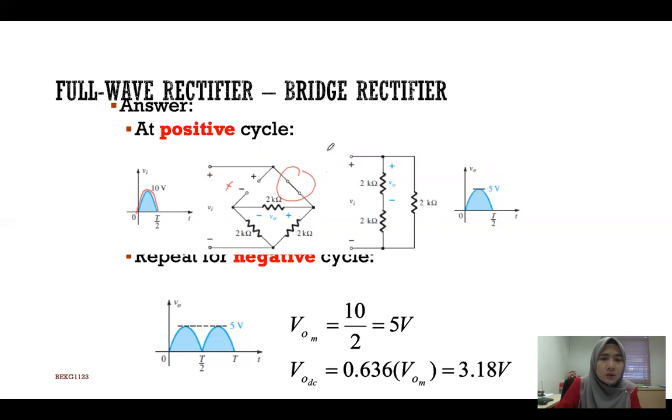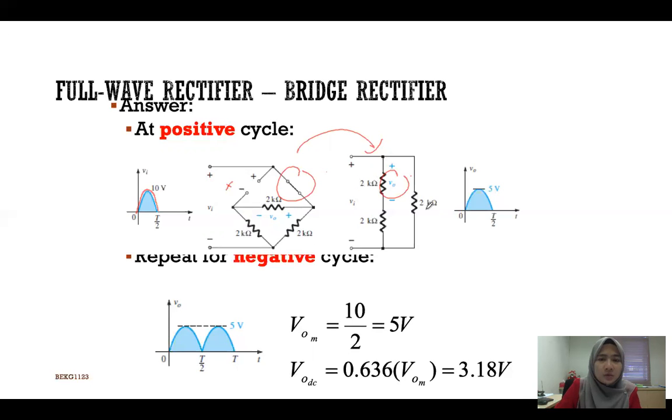Okay, so if you redraw this circuit, you will get this circuit. Okay, so you can calculate for V naught. Okay, I will not calculate for the V naught, you calculate for the V naught yourself. Okay, but actually over here, you already know that V naught is equals to 5 volt.